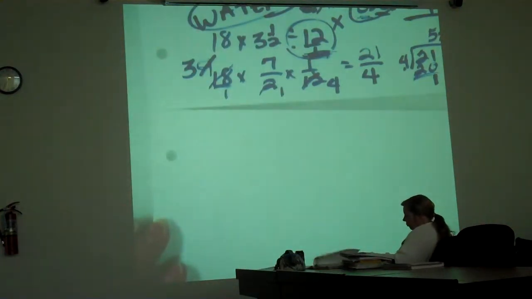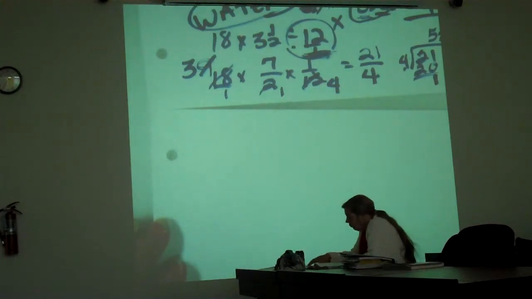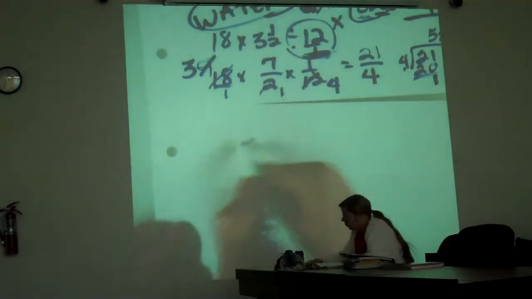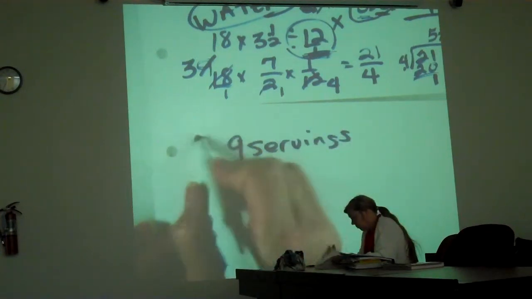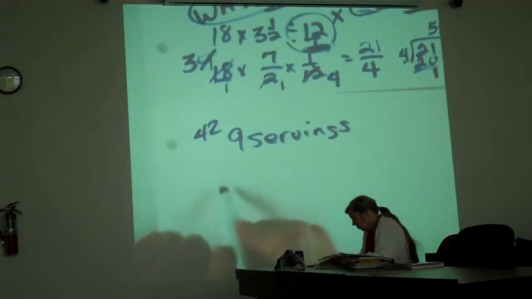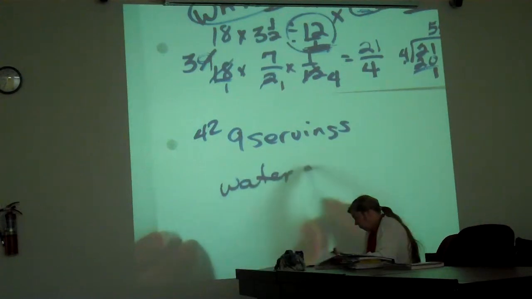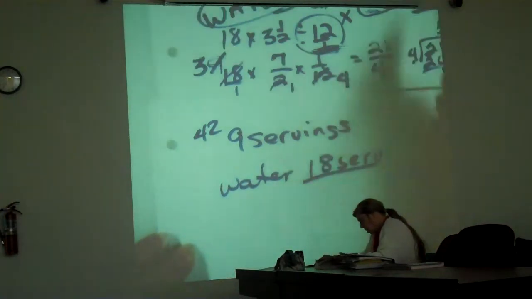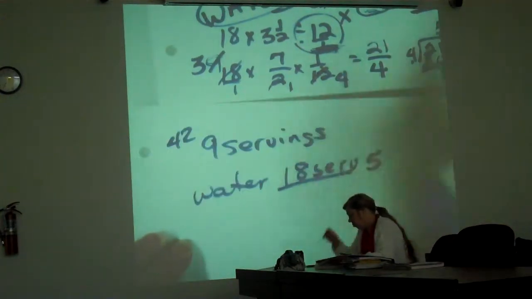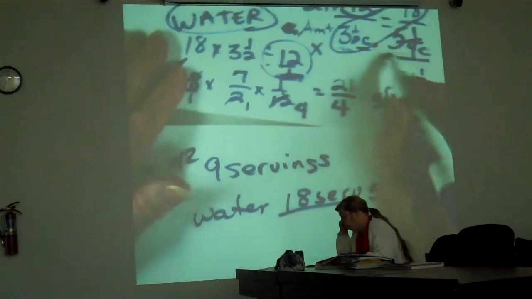Okay, 42, find the amount of each one. Each thing needed for 9 servings. For 42, so the water for 18 servings from number 40 was 5 1/4, right? That's what we got.